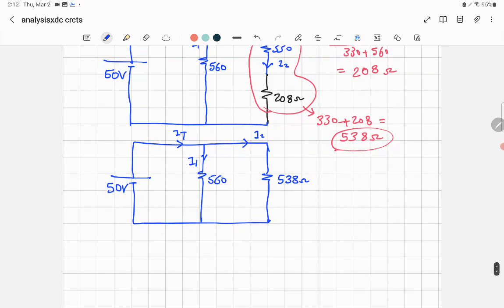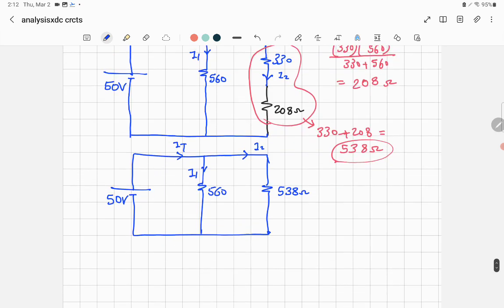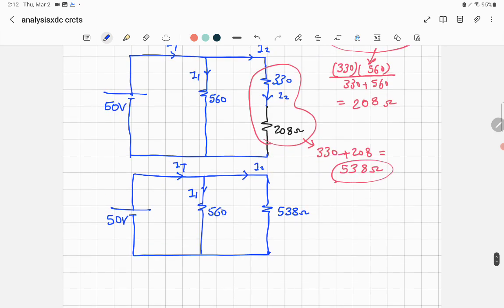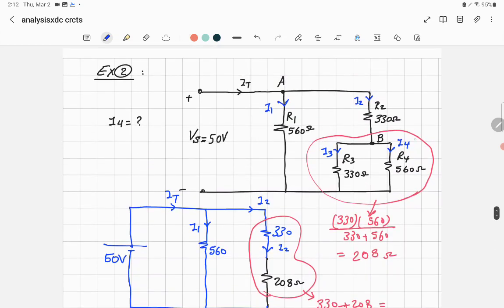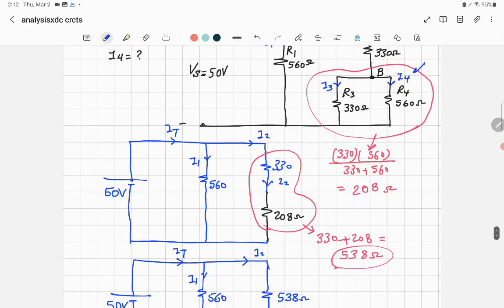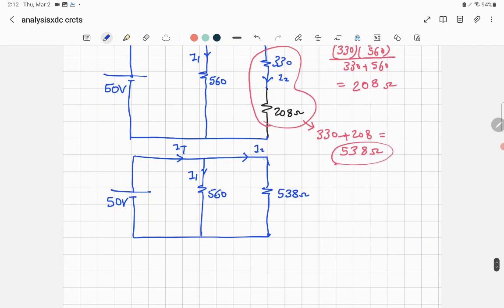Now we have two resistors connected in parallel, but I don't have to get the equivalent. Why? Because you have to remember that you need to find, just focus on the problem, I4, and to get I4, you've got to know I2. So it's important to get I2, and that's I2 here. In this branch, this is all I2. And you already know the voltage across the 538 ohm.